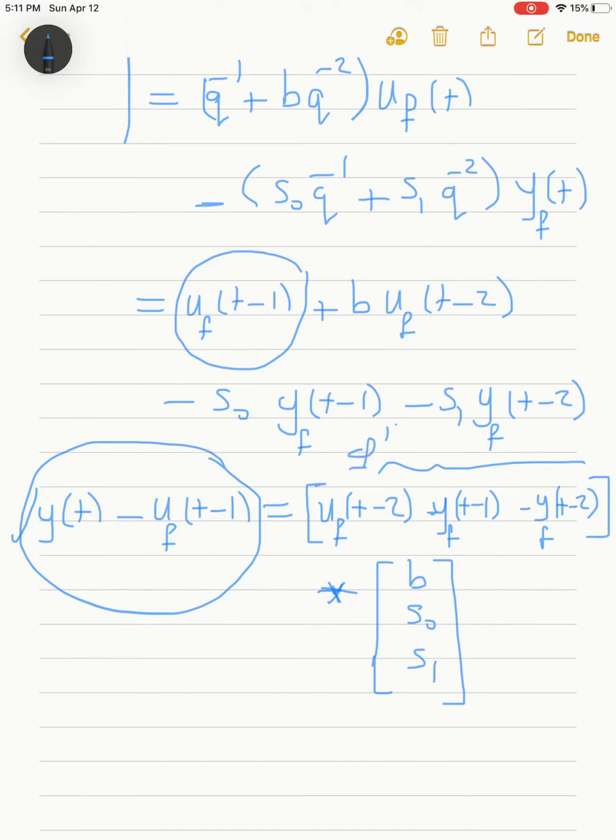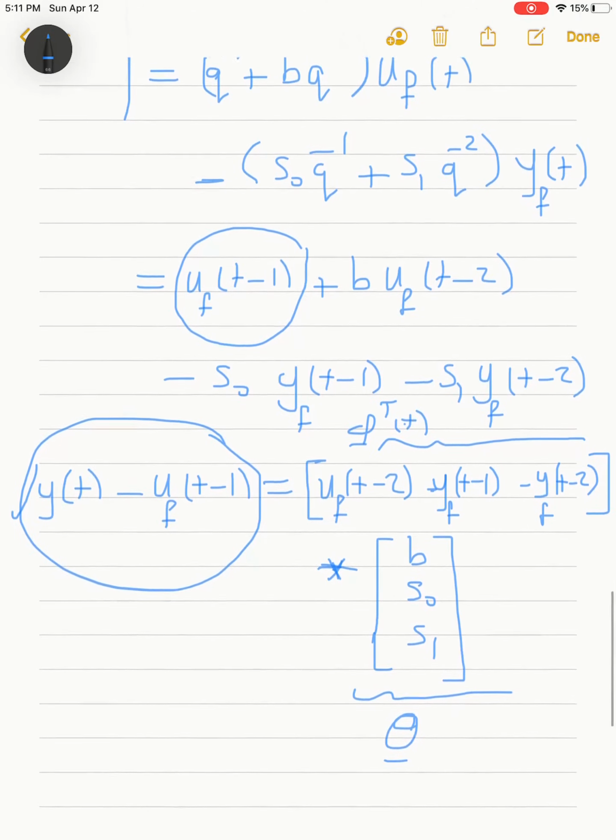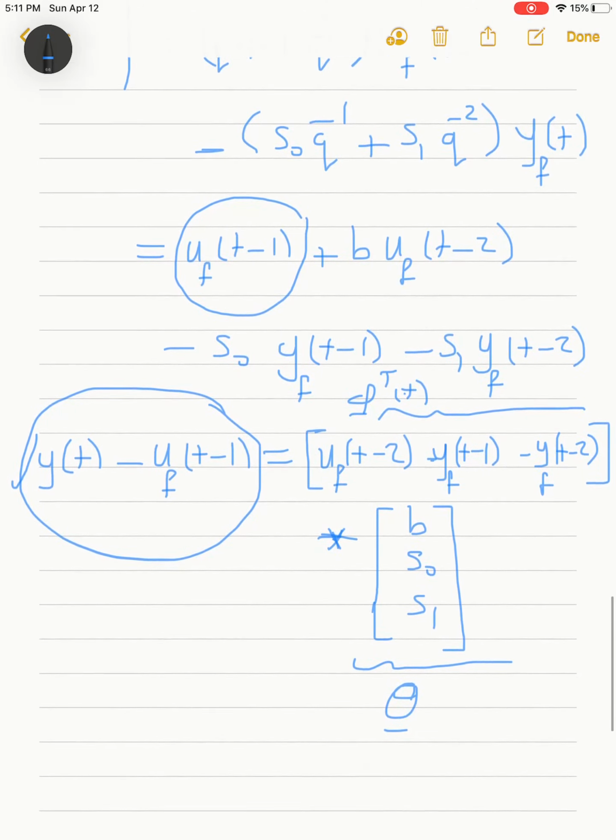This is the regressor vector, and here are the unknown parameters b, s0 and s1, and as you can see these are directly the parameters of the controller. So if we can calculate theta, we can just plug them into the control law and calculate the control signal. However, before we do this, let's first see how to calculate the filtered signals.